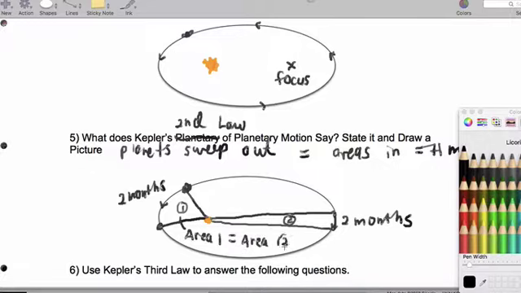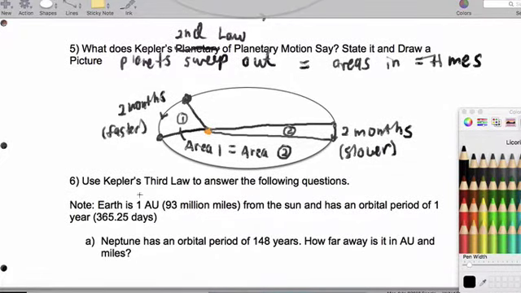And in order for them to be equal, we're moving faster here closer to the sun and slower here out at the edge. So that's kind of the area shaded in here and here.